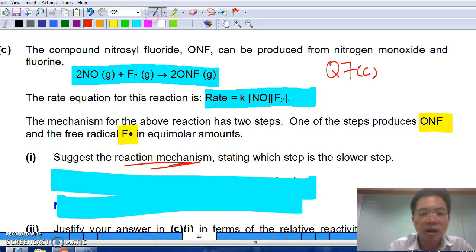Okay, I think the F radical is probably something that you feel uncomfortable with. What really is an F radical? If we look at it, it has an unpaired electron.